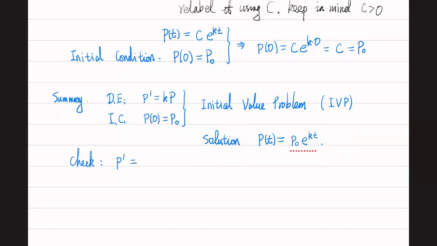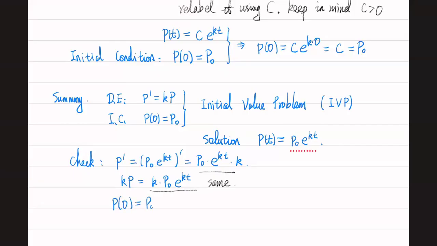The derivative of the coefficient, chain rule, and the right-hand side, kP, kP0. And we check they are the same. Similarly, P0. Initial condition, check.